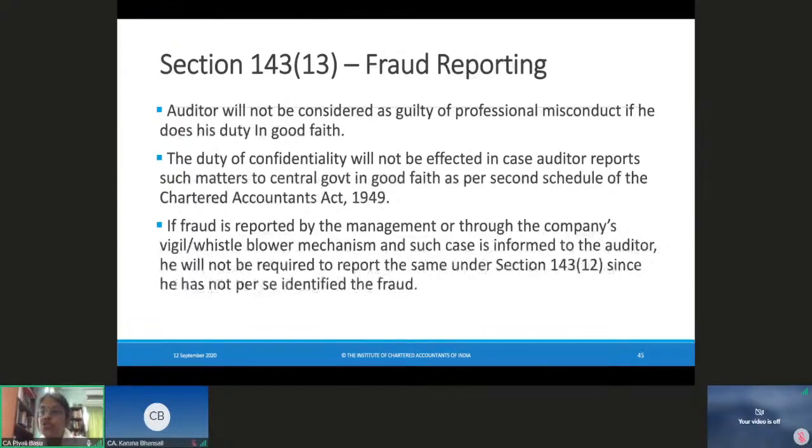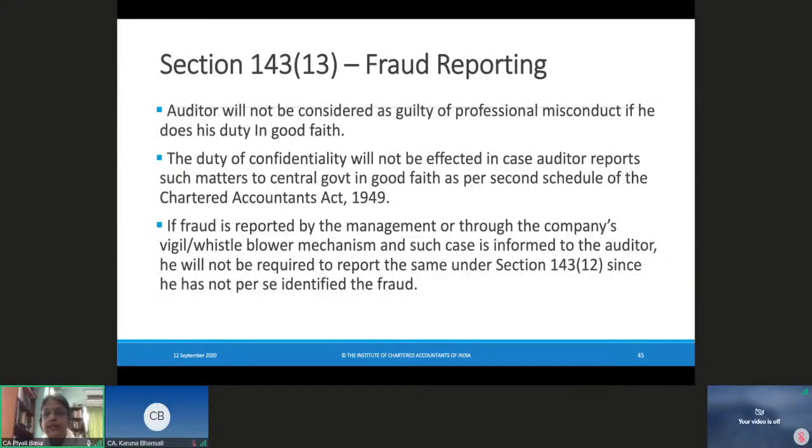We need to disclose a whole lot of information, and that will not be constituted as a violation of our duty of confidentiality. That will not be affected in case the auditor reports such matters to the central government, as per the code of ethics. And if fraud is reported by the management, as I said, it doesn't have to be reported separately by the auditor.